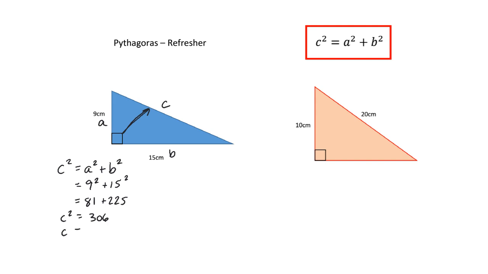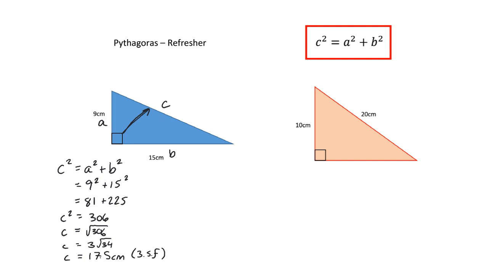So to get C, I'm going to have to find the square root of 306, which is going to give me 3 root 34, which is 17.5 centimetres to 3 significant figures.